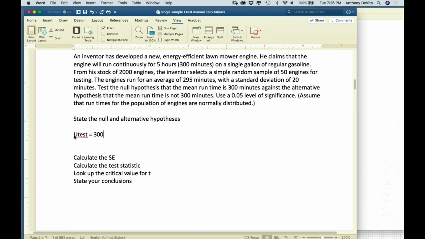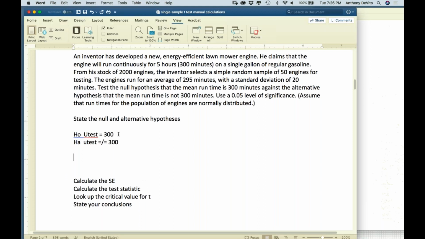And that's our null hypothesis, that there's no difference between the ones we sampled and the population that he claims it is. H0. Okay, and my alternative hypothesis is going to be mu test is not equal to 300.